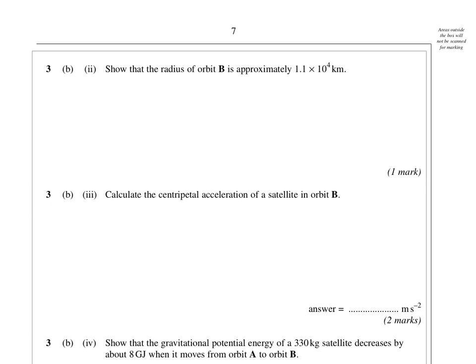Okay, so we want to show that the radius of orbit B is approximately 1.1 times 10 to the 4 kilometers. So, first of all, from the data previously, we know that VB is 3 times VA, and we also know that potential is proportional to 1 over r.